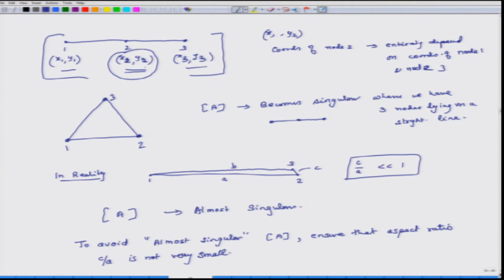For a triangle you will have to calculate 2 aspect ratios, C by A and B by A, and none of these ratios should be extremely small.